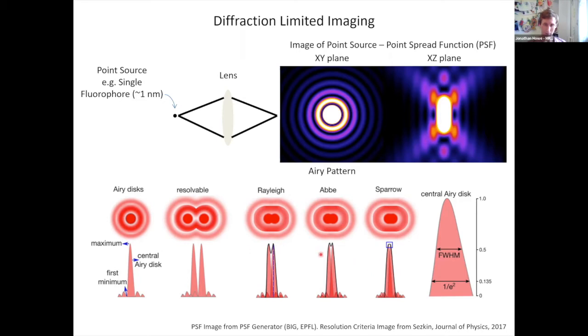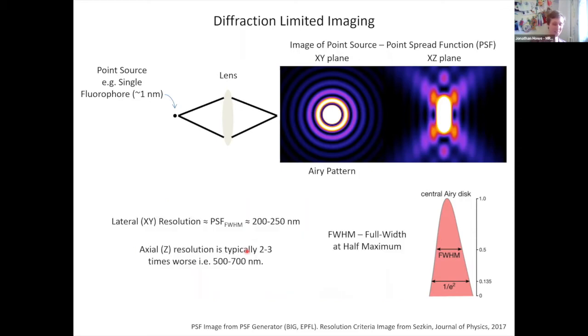I keep forgetting that my slides don't progress when I've got the pointer, so I have to keep hitting my space bar. The lateral resolution, when you plug it through these equations, comes out between 200 and 250 nanometers. Axially, it's typically 2 to 3 times bigger, and that's in the best case scenario with the highest quality lens.